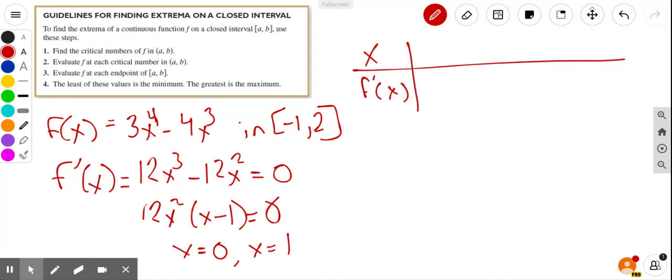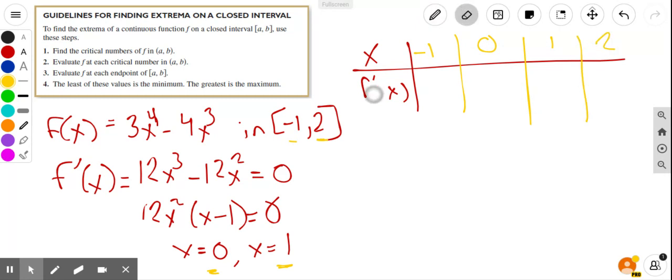So I'm going to go left to right between the numbers I have: negative 1, 2, 0, and 1. I'll start with negative 1. Then I'll do 0. Then I'll do 1. Then I'll do 2.